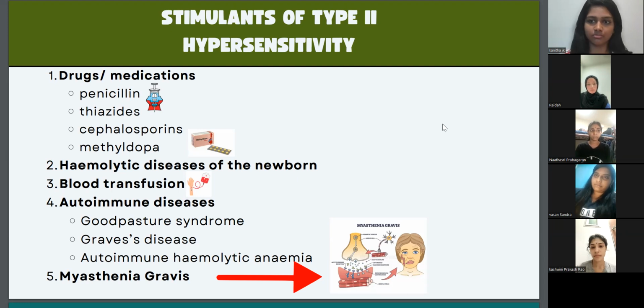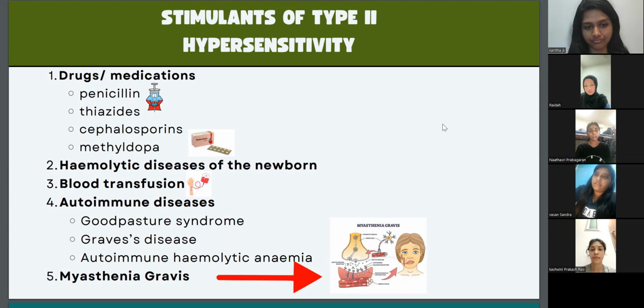These medication molecules bind to the cell surface, resulting in neoantigens, which also alter the epitopes of the existing cell antigen on the cell surface. This causes the immune system to identify the altered antigen as foreign, leading to a reorientation of the molecule on the cell surface.